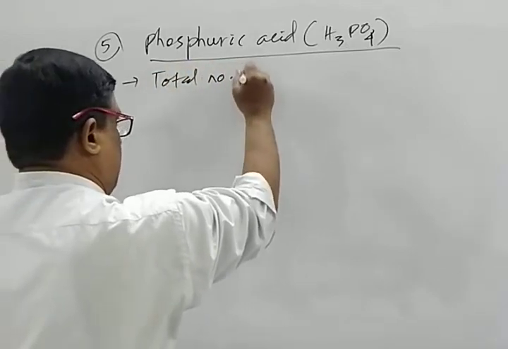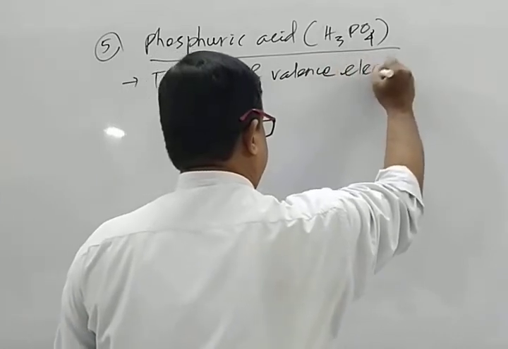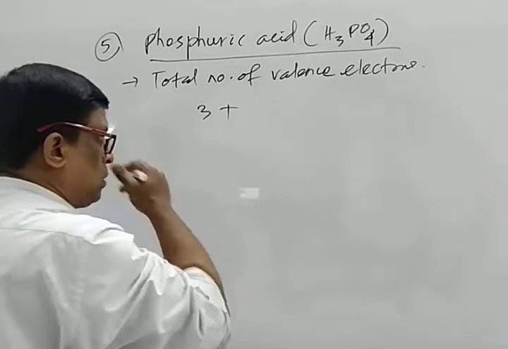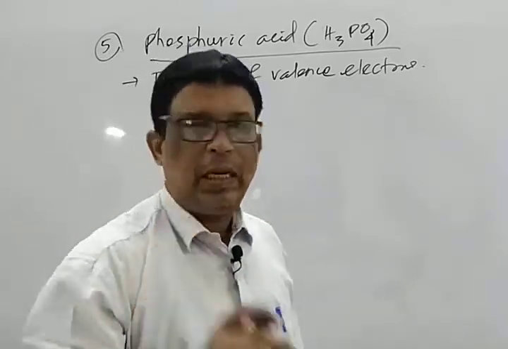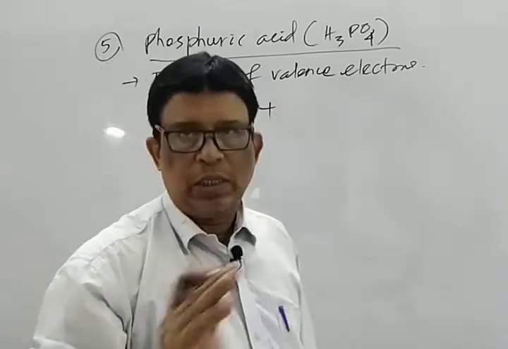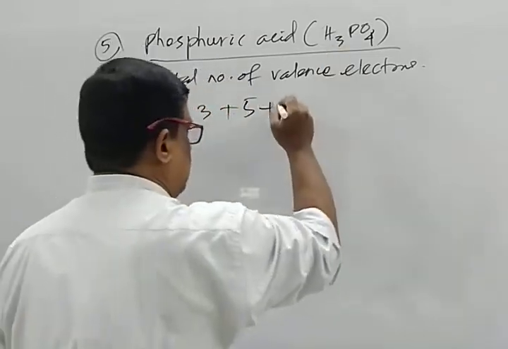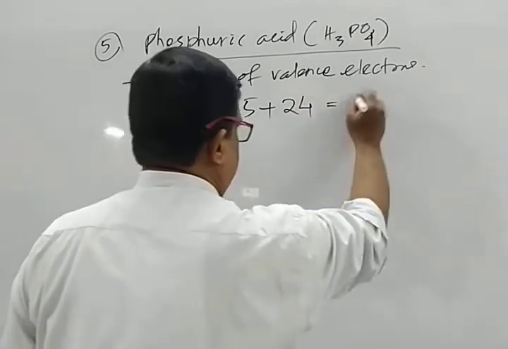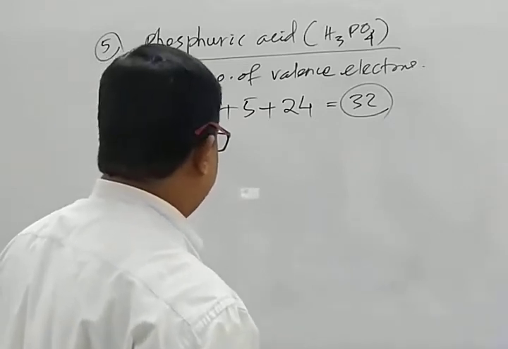Total number of valence electrons. H is 1, so 3. Phosphorus 15, 2, 8, 5, valence electron is 5. Plus oxygen 8, 2, 6, valence electron is 6, 4 are there. 6 into 4, 24. That is 32. 16 pairs or 32 electrons are there.